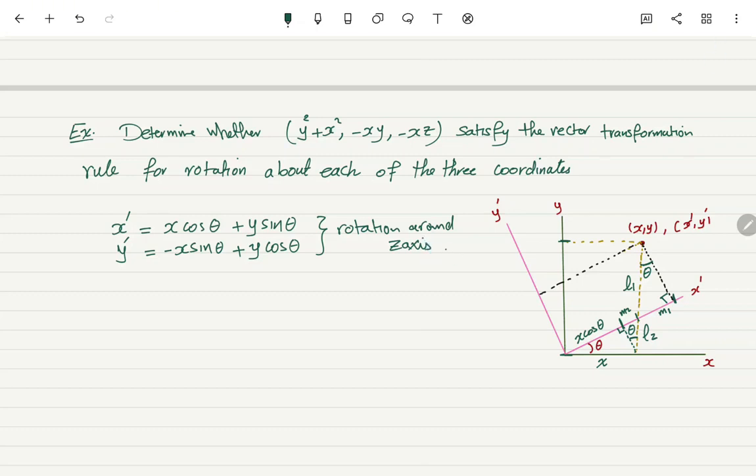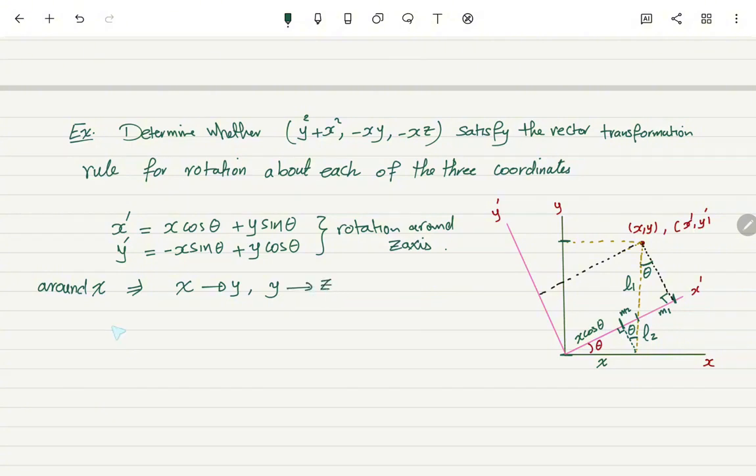But if we want to rotate the coordinates around the x-axis, we will follow the same procedure as we mentioned here, but rather than using x and y, we will use y and z. The definition will be almost the same, but replace each x with y and each y with z.